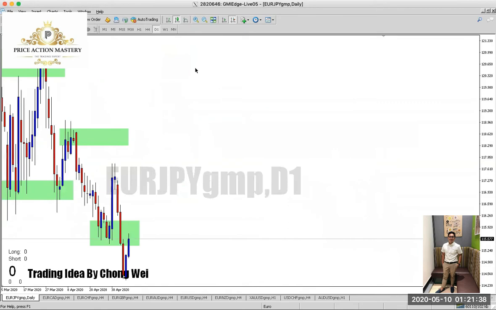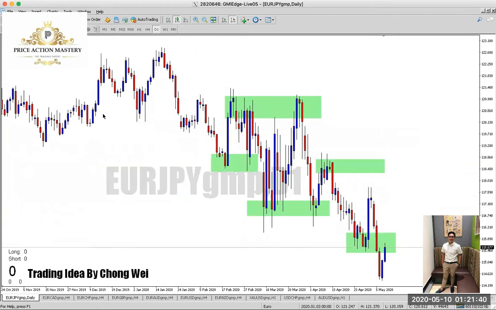In the bigger picture, the overall market is still a downtrend. Can you see that? If the market really wanted to change from downtrend to uptrend, at least the market needs to break this level.